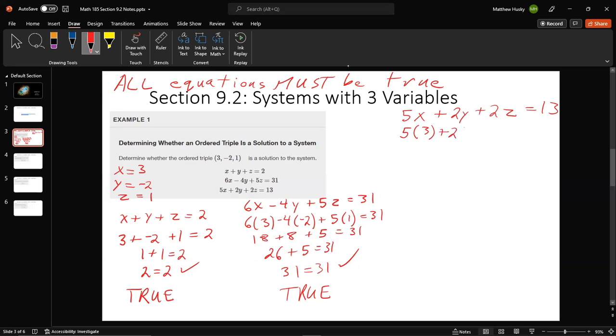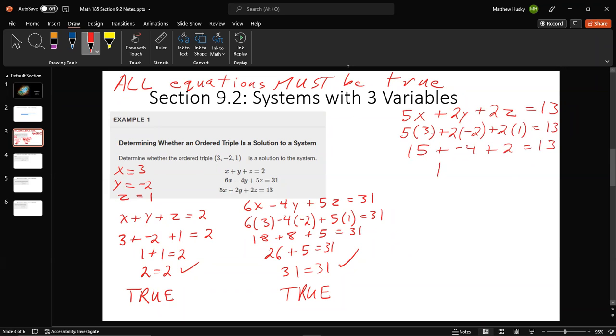Then we're going to do the y, 2 times -2, plus 2 times the z, which is 1. And again, if all goes well, this will work out to be 13 and be a true statement. So 5 times 3 is the number 15. 2 times -2 is -4. Here's another +2. That should all equal 13.